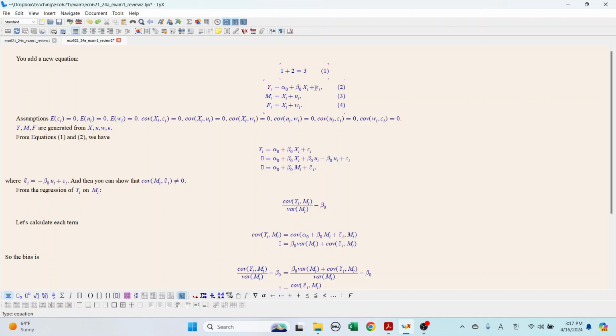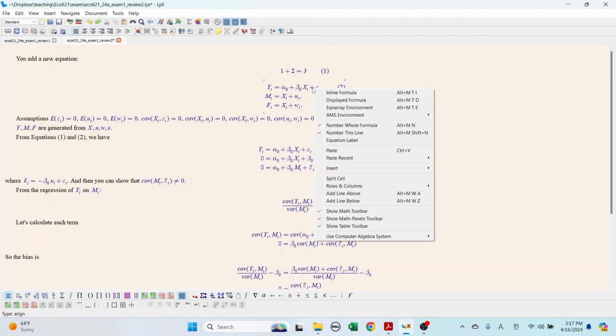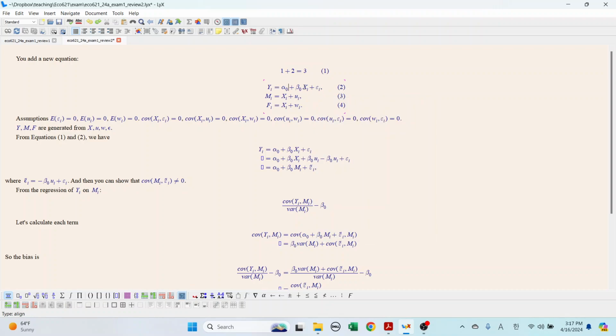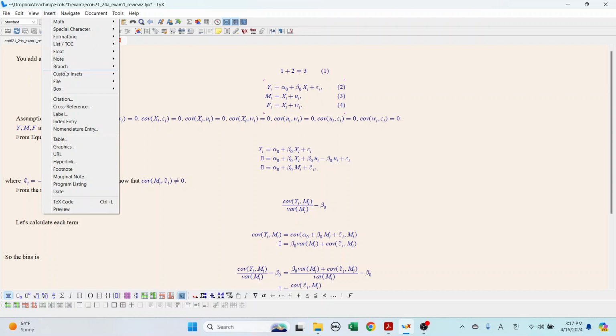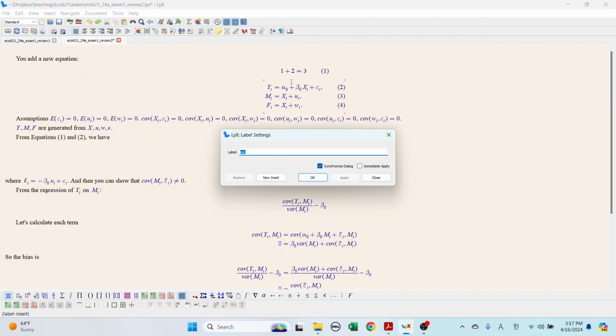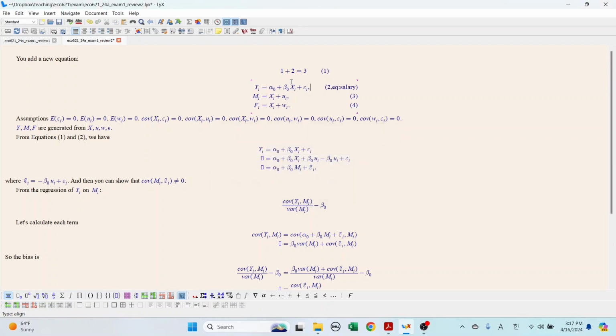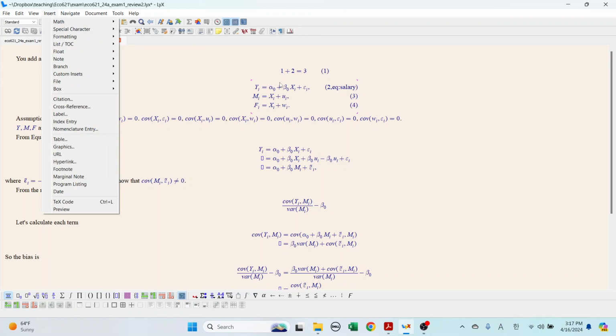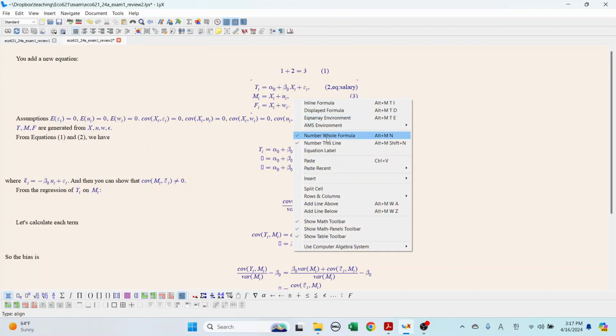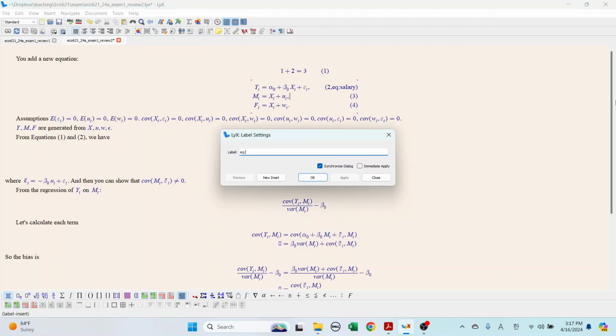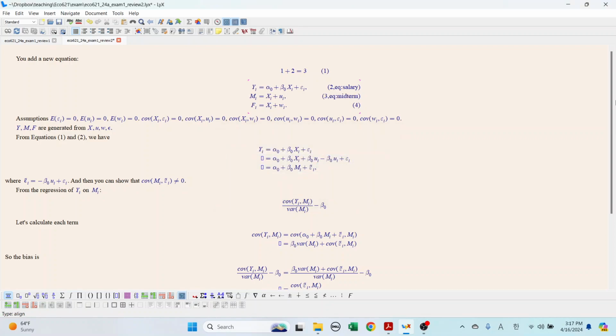A simpler way to do that is using equation labels, right? So you may right click and put equation label here, or insert label here. I will call this salary equation. The name of this equation is salary. And I will call this midterm equation.